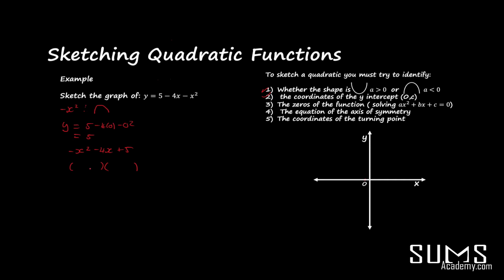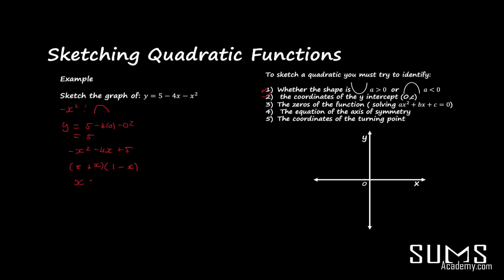So this can be minus x there and x, and then you want a negative 4. The other one is going to be 1, so it'll be minus 5x plus 1x plus 5. Yep, so these are your roots.